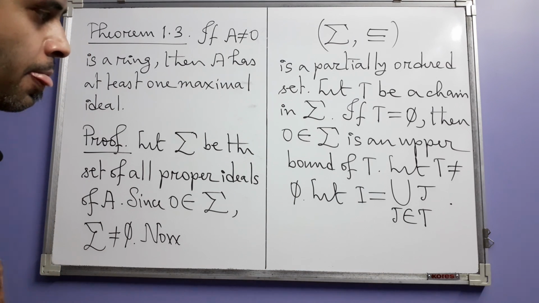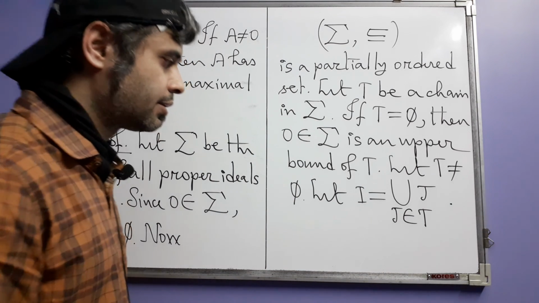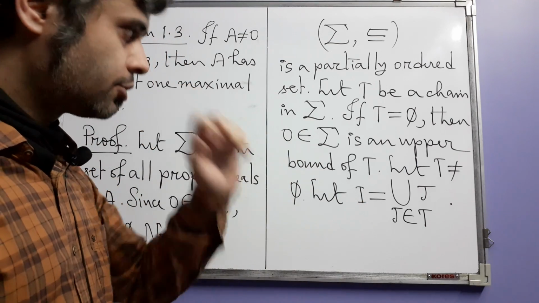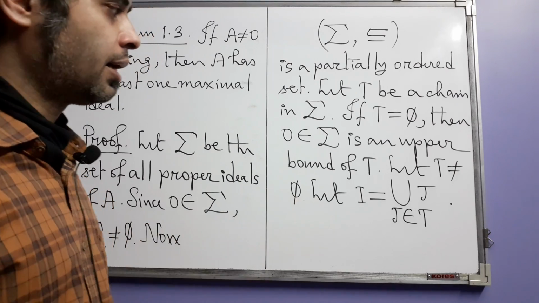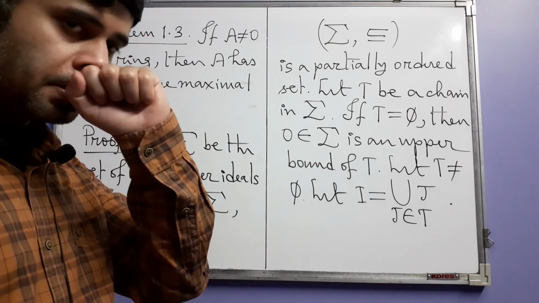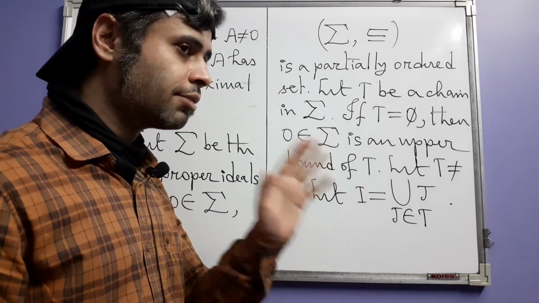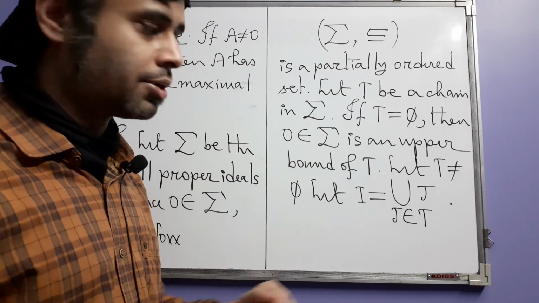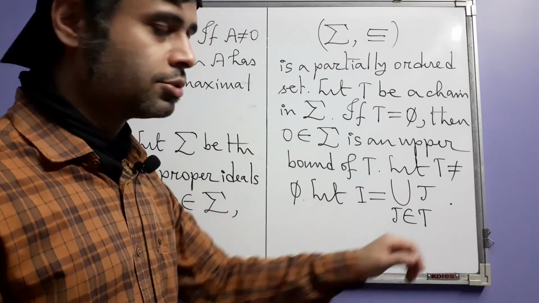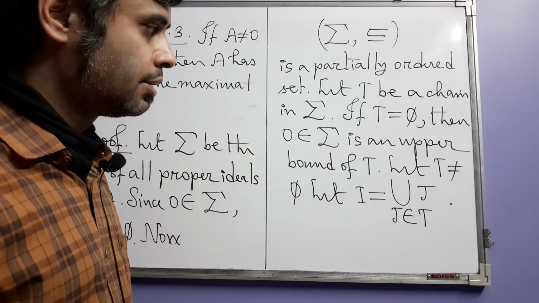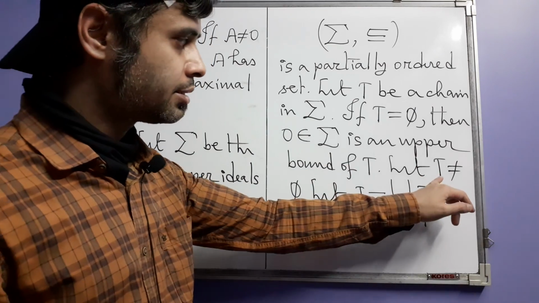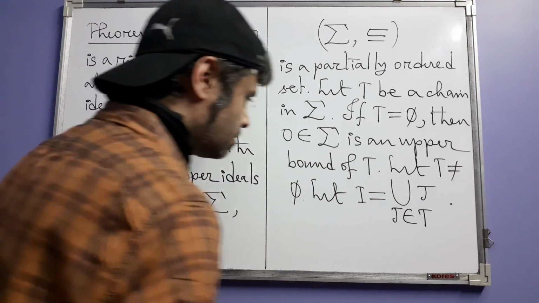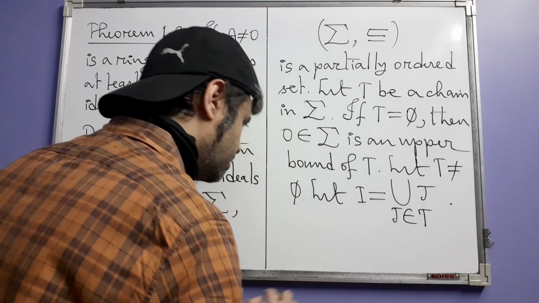Okay. Now the claim is that this I is actually a proper ideal of A. Usually unions never become ideals unless there is something special about the sets or the ideals whose union you are taking. And that special thing will come from the fact that T is a chain. Alright.